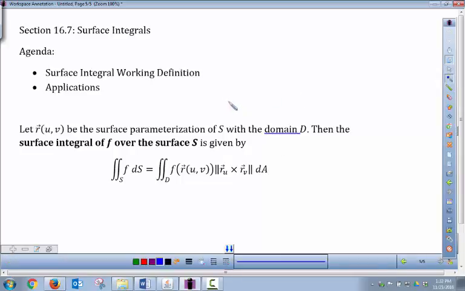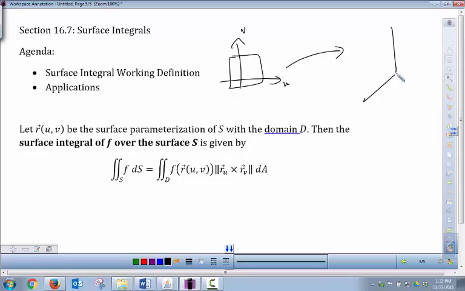I think last time when we were talking about parameterizing surfaces, I talked about going from some region in the UV plane and then sending that to the XYZ space in 3 dimensions. And I mentioned maybe it was like a rubber sheet that you can mold and shape into whatever you want.